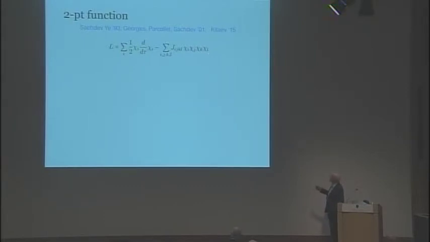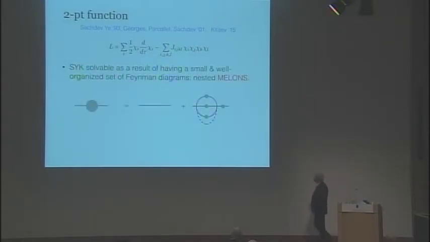So this is our Lagrangian, a free fermion in no dimensions, just time, and with the simplest coupling of 4 fermions with random couplings. As I said, the reason that model is soluble is that when one calculates, for example, the 2-point function, there's a class of diagrams.